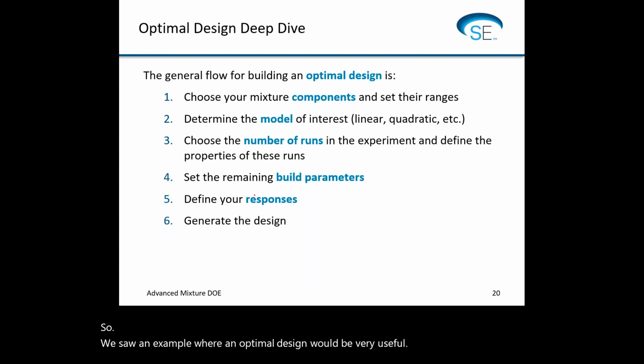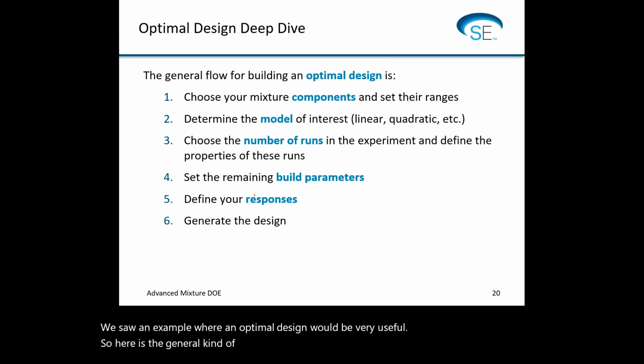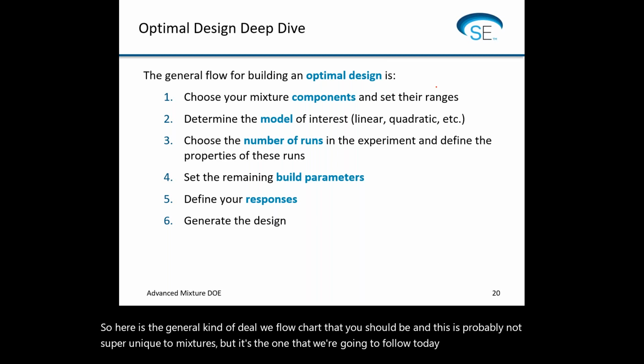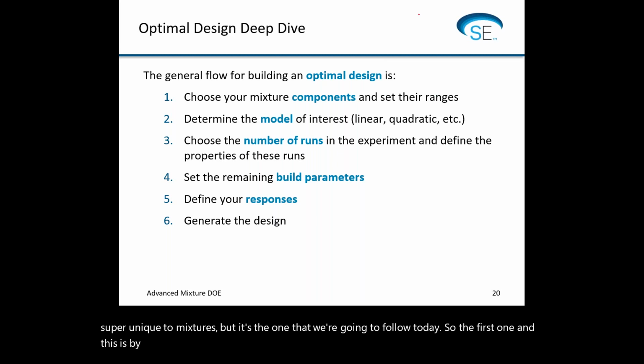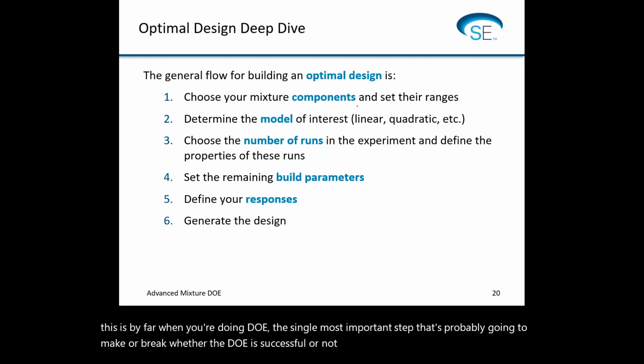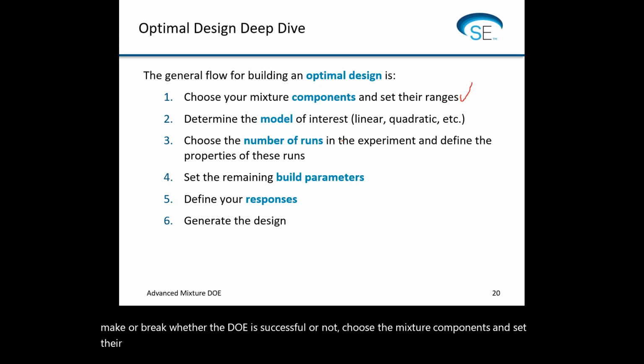So here is the general DOE flow chart that you should follow. This is probably not super unique to mixtures, but it's the one that we're going to follow today. The first step, and this is by far the single most important step when you're doing DOE, the one that's probably going to make or break whether the DOE is successful or not: choose the mixture components and set their ranges.